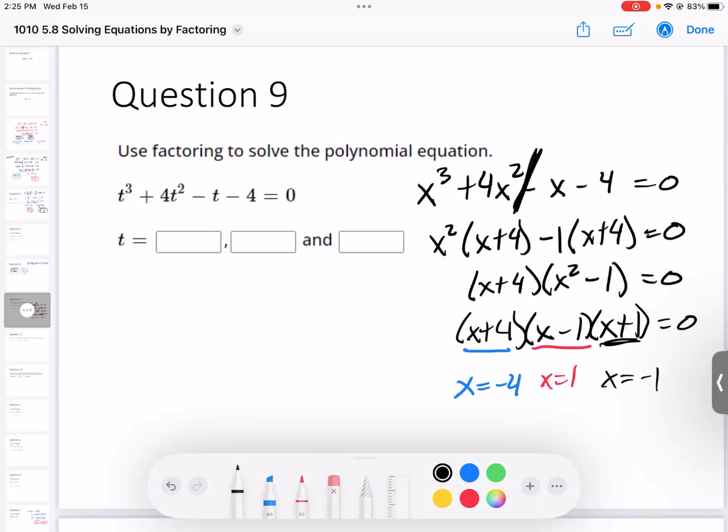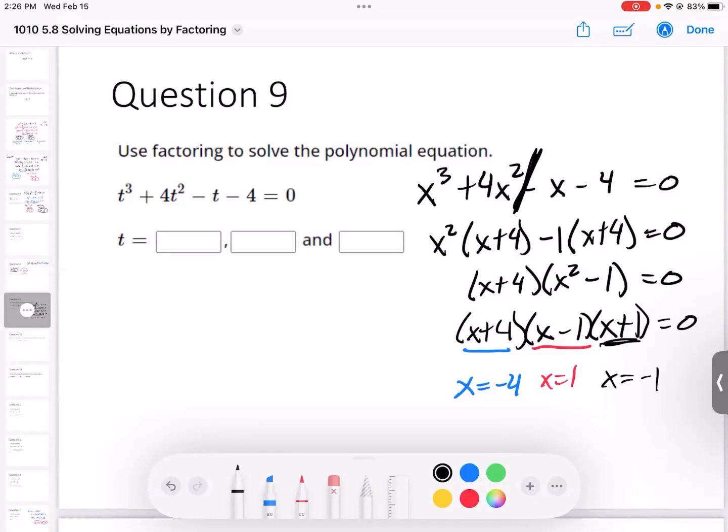That's a good question because in more advanced algebra, they actually have a word for that, where if you get the same answer from multiple factors, they'll say that that answer has a multiplicity of 2. So if this was x minus 1 and this was x minus 1, your solution would be x equals 1 because 1 is the thing that makes that equal 0.